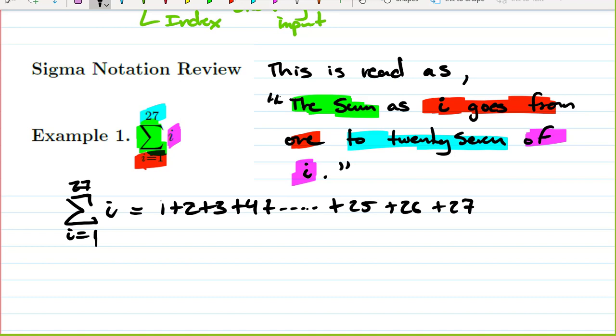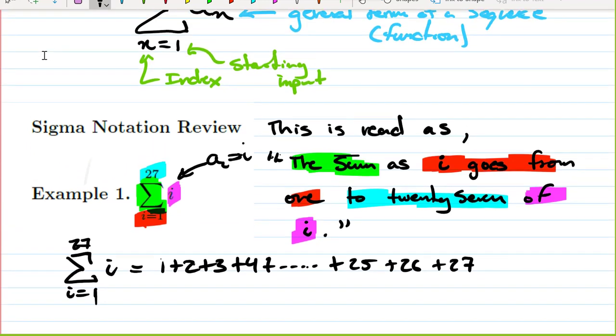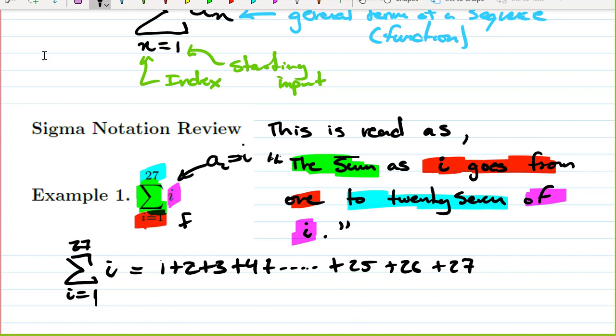So this is our function right here, our a sub i, and it gives us all of these values. So our rule, a sub i equals i, or if you prefer, you can think of it as f of i is equal to i.